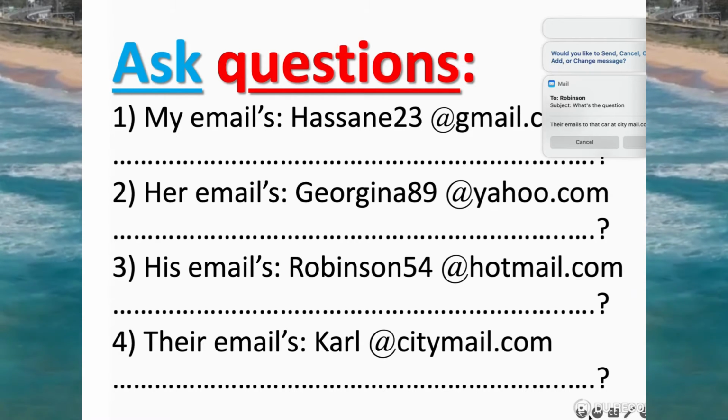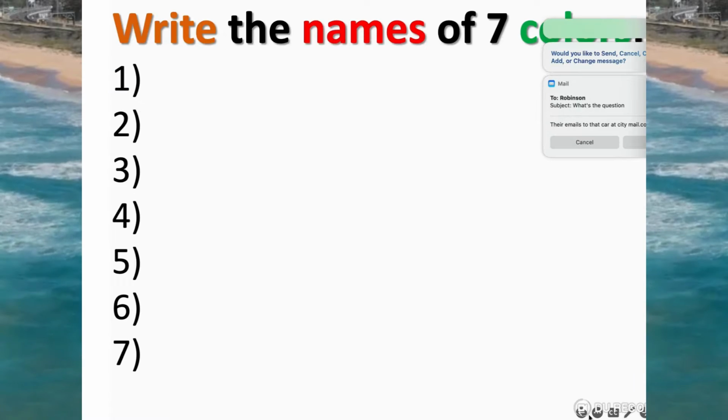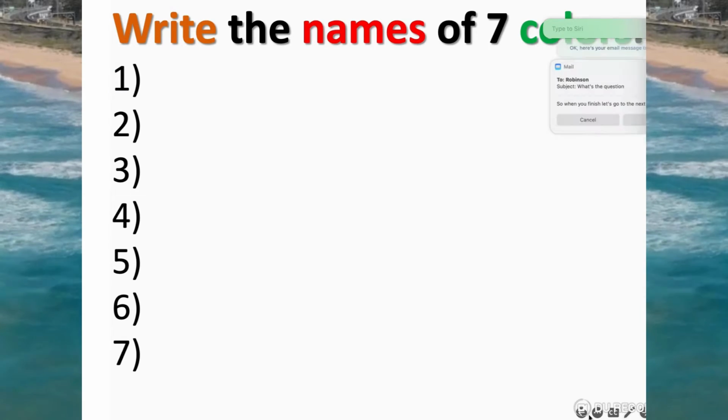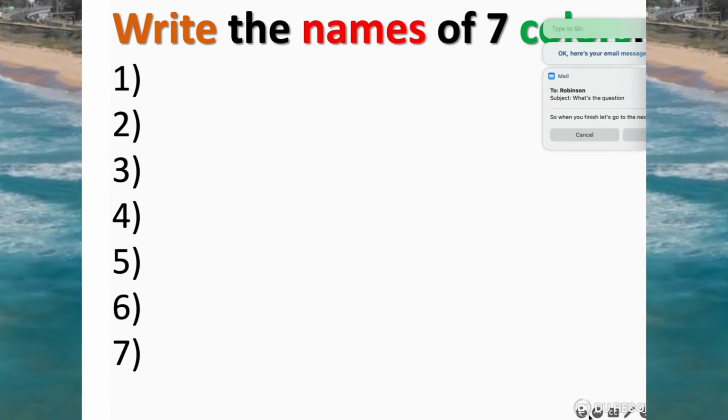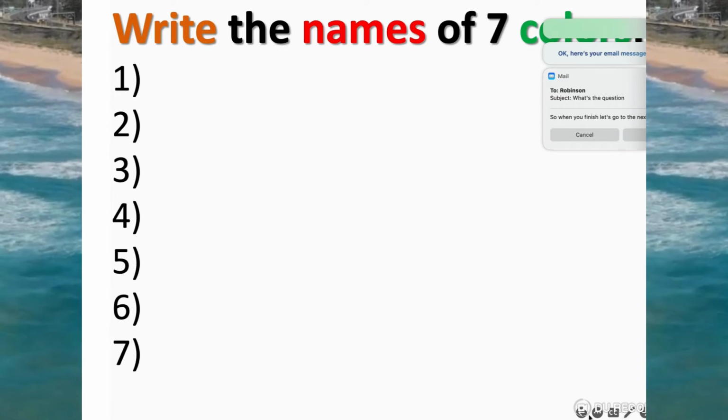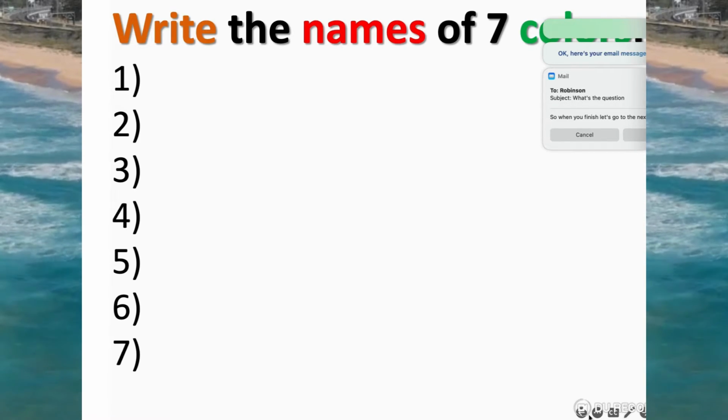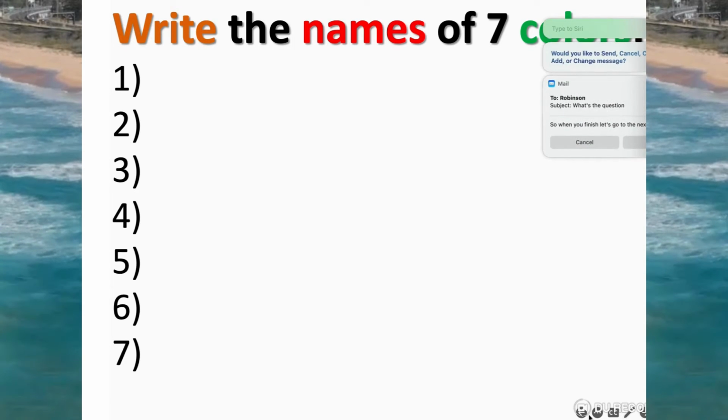So when you finish, let's go to the next slide. Okay, here's your email message to Robinson. It says, so when you finish, let's go to the next slide. Are you ready to send it? Would you like to send, cancel, change subject, add, or change message? So now write the names of 7 colors.